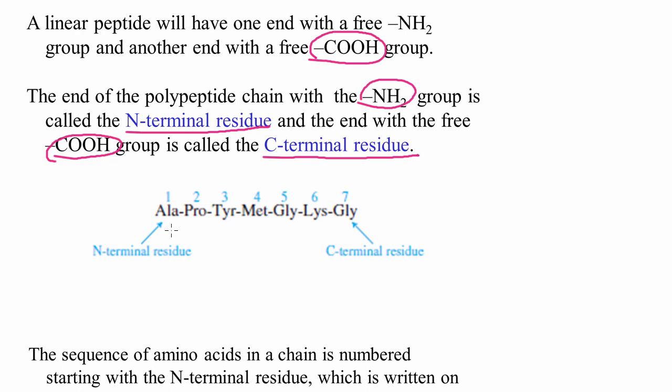So for this polypeptide here, the N-terminal residue is this one here, the alanine, and the C-terminal residue is on the right-hand side here, and that is the glycine in this case.